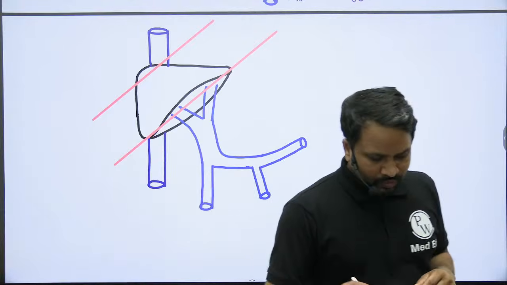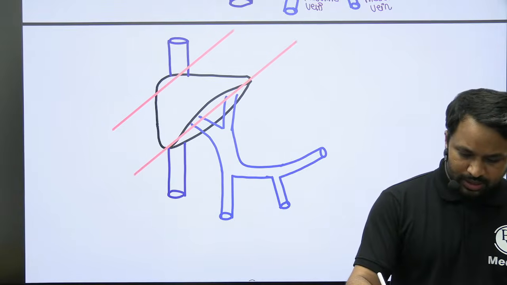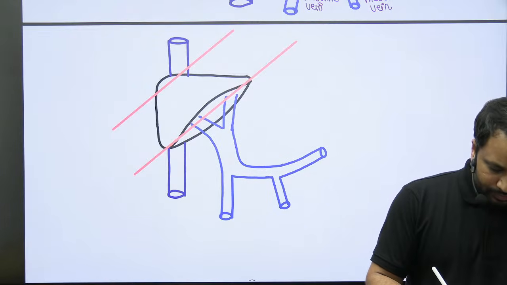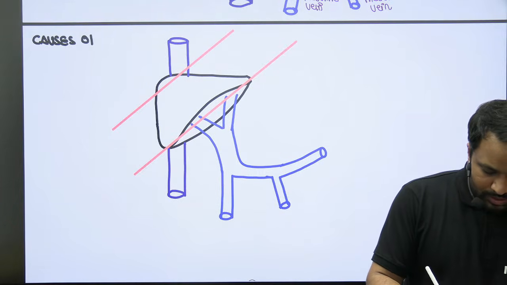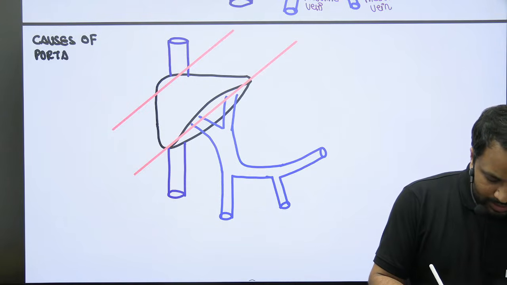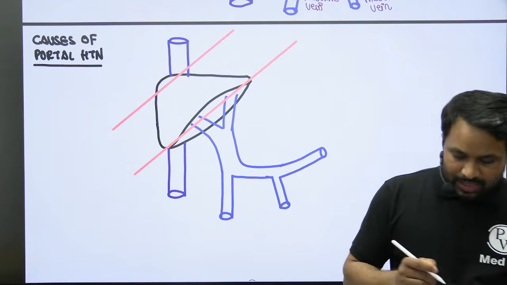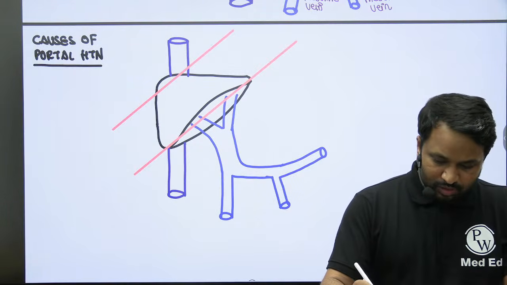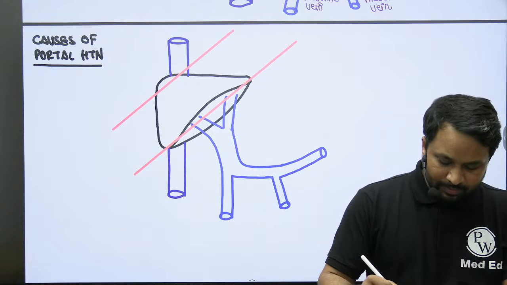Come on. Now, let's talk about the causes of portal hypertension. So I'm just continuing on the same spectrum. As I've divided them into three distinctive components, whichever cause is in this line is what we call the pre-hepatic cause.